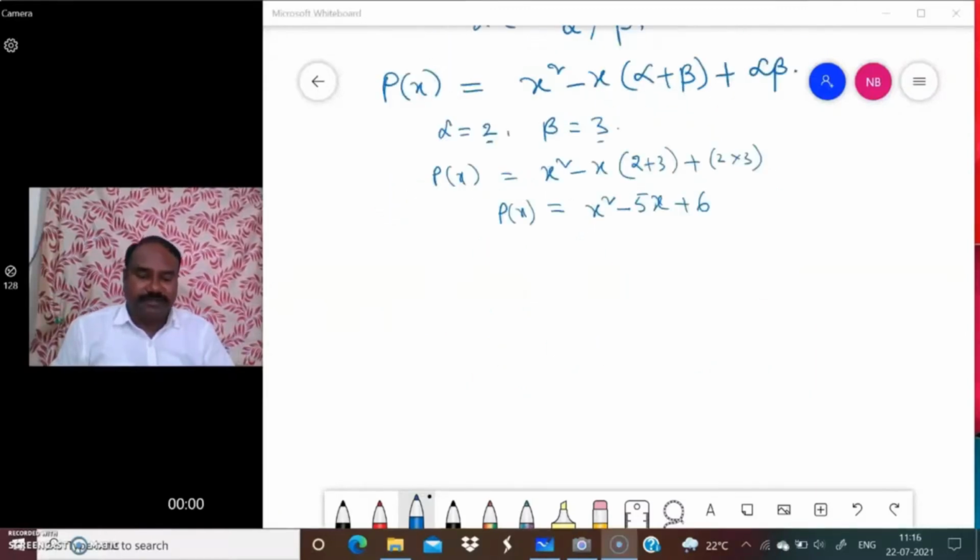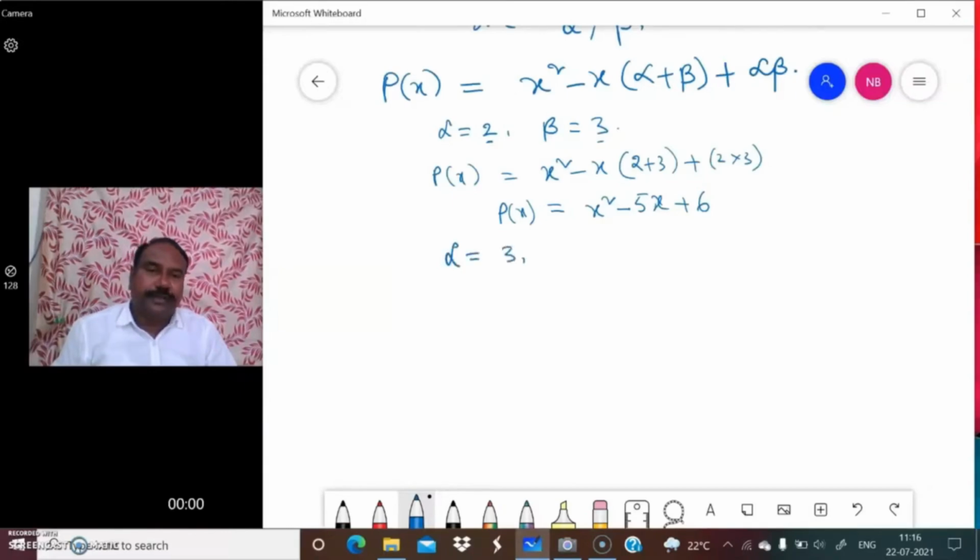With one more example, let us suppose the zeros of a polynomial are alpha is equal to 3 and beta is equal to 5. How to prepare a quadratic polynomial which has the zeros 3 and 5? We know the formula p of x is equal to x square minus x into alpha plus beta, plus alpha into beta.